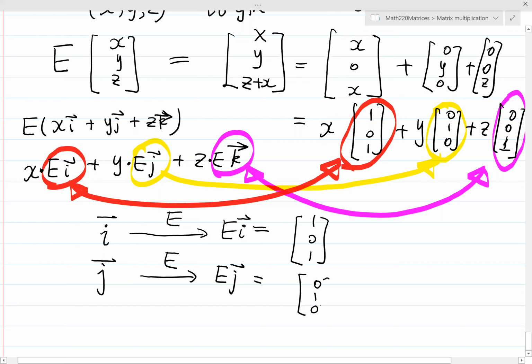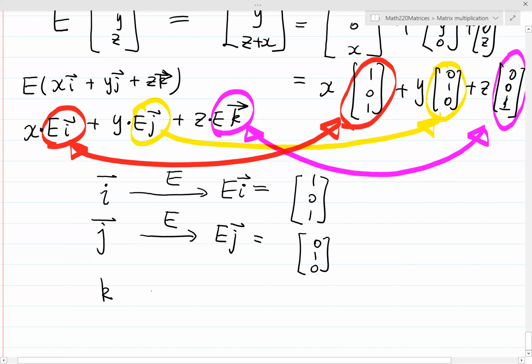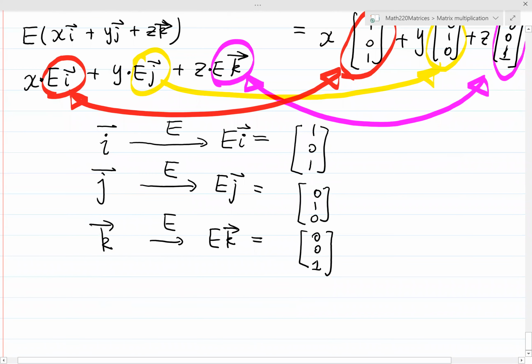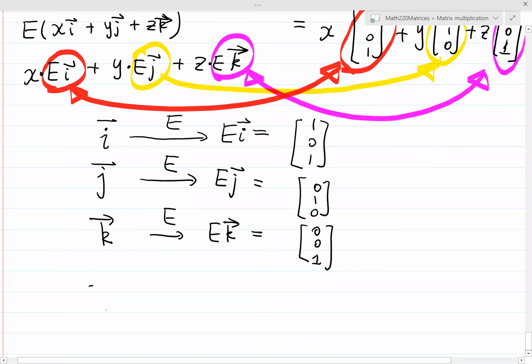This is the second column of E. Now k goes to Ek, which we get 0, 0, 1. So this is the third column of E.